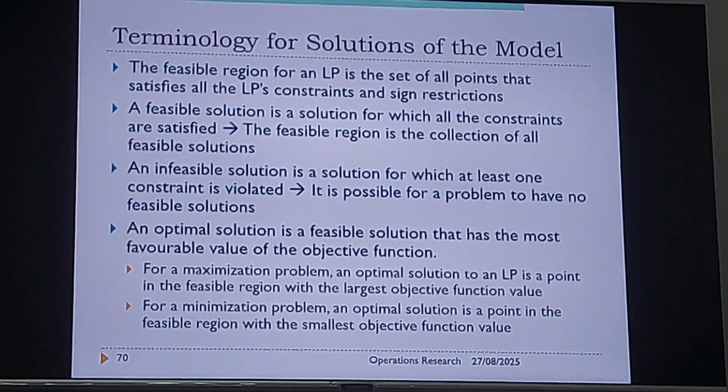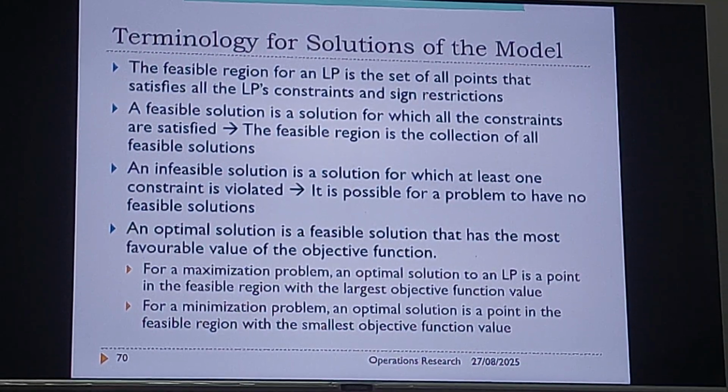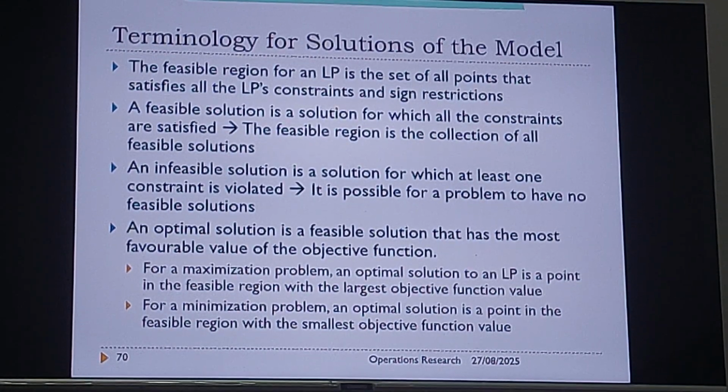First is a feasible region. Basically, when you try to find something, there are so many possibilities, so many solutions. I know that you need to find the optimal one, but this solution should be in the region of solutions. If you draw an x and y coordinate, then it's like a picture, the whole region.